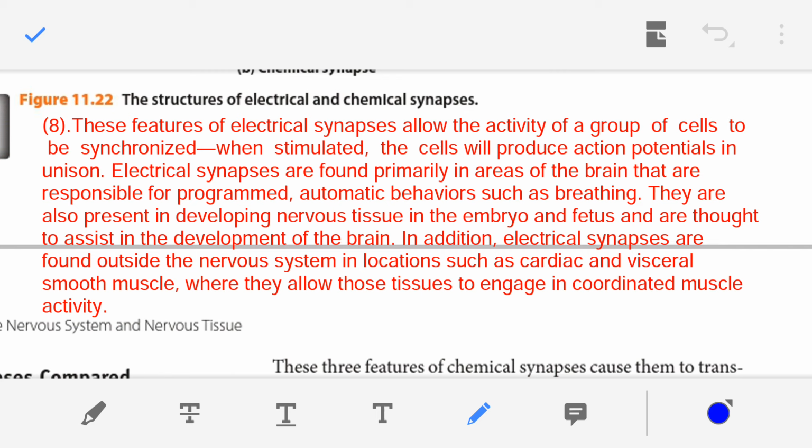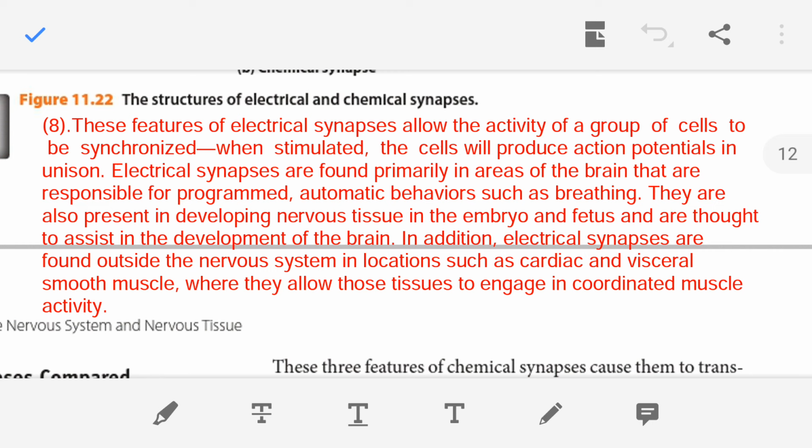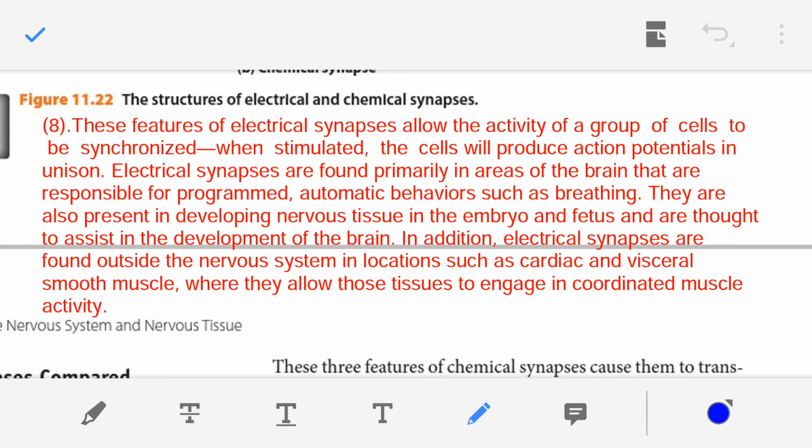Then these electrical synapses are also present in the developing nervous tissue in the embryo and fetus. So during the nine months of the mother's pregnancy, when the baby is developing in her womb, a large number of electrical synapses are present in the developing nervous tissue.